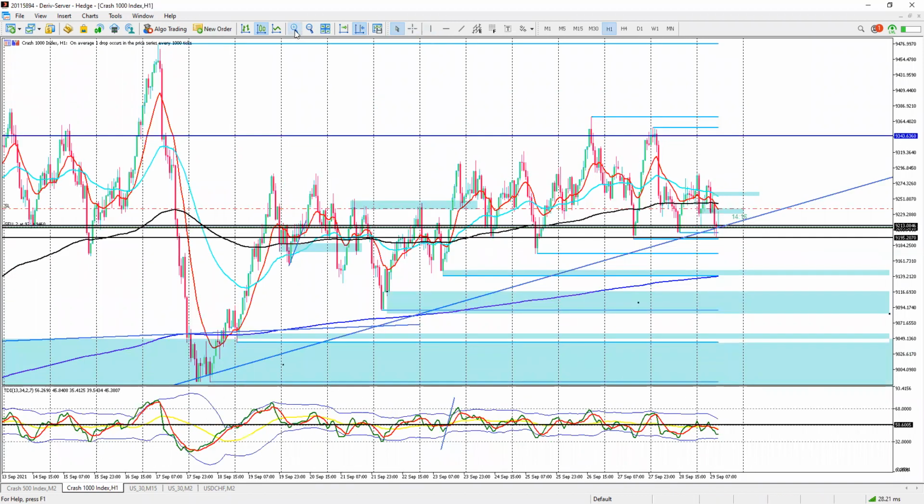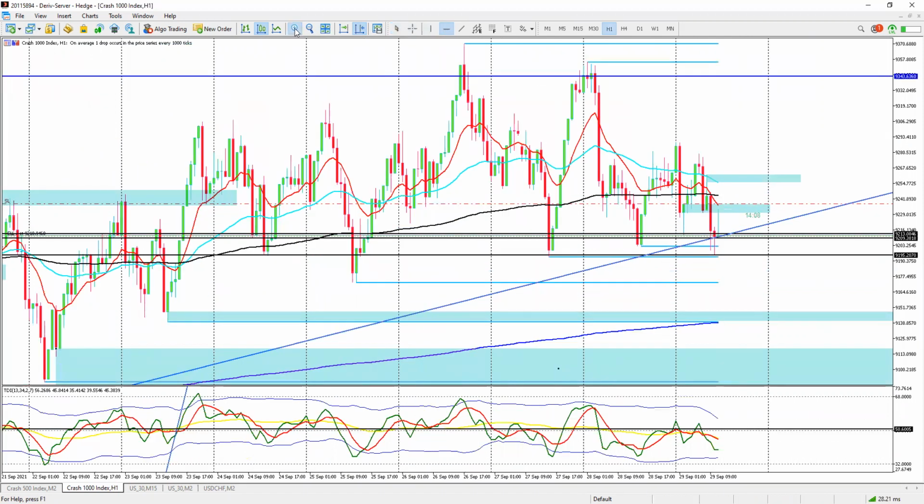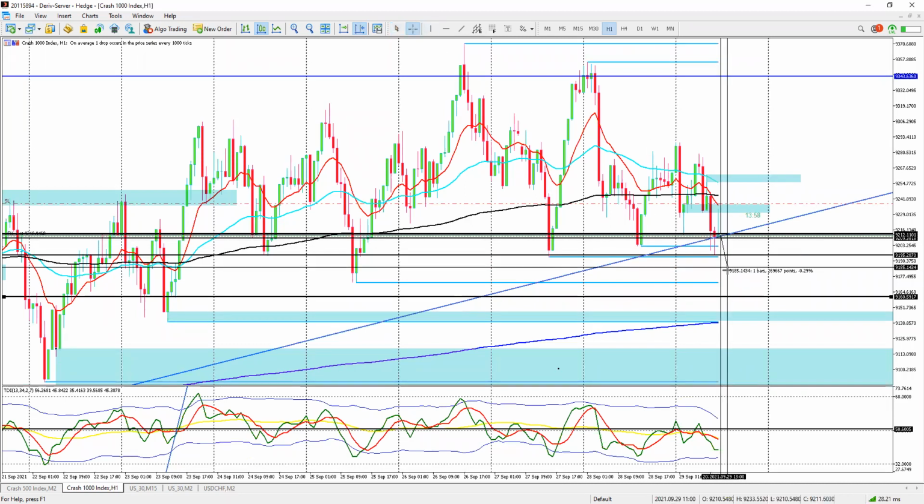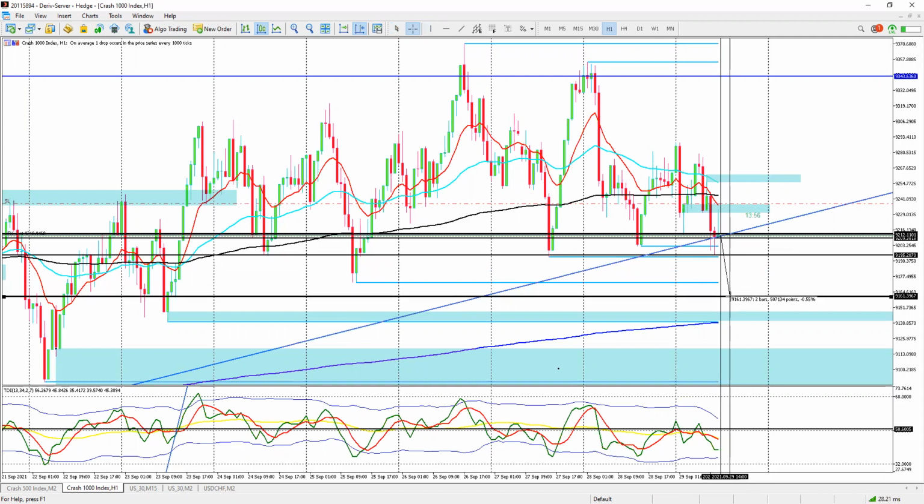So for the higher time frame, your 50 pips from the entry would be, let me just zoom in. From the entry, 50 pips will be right, I'm actually on the dot, right? That's 52.